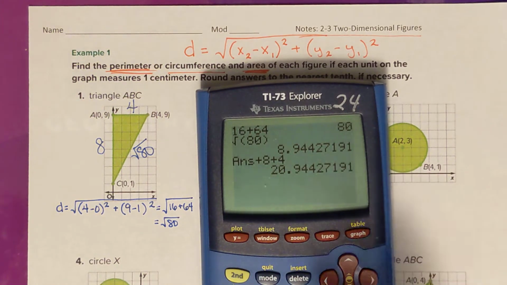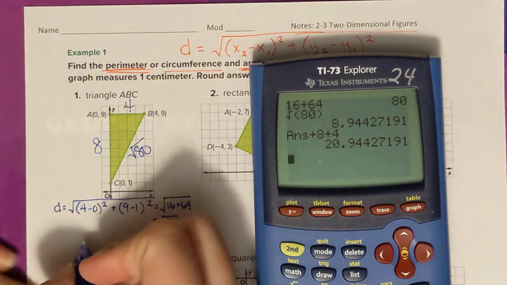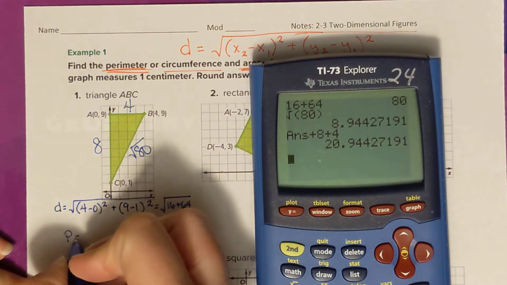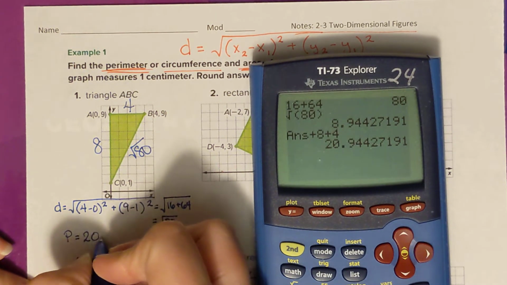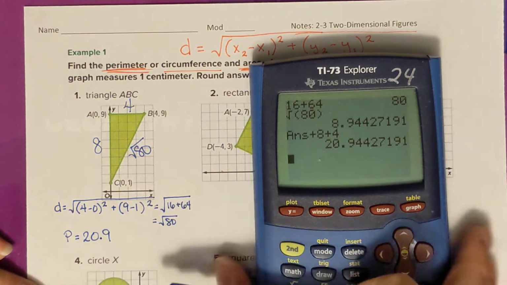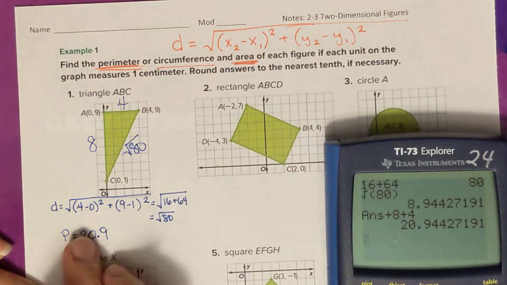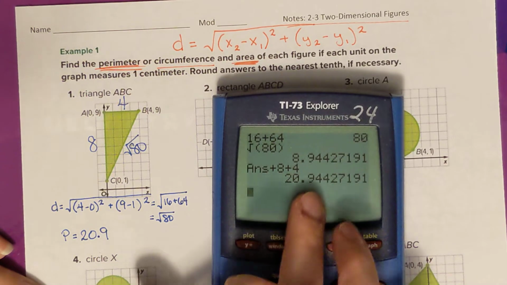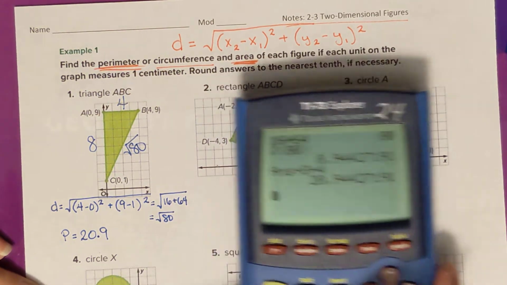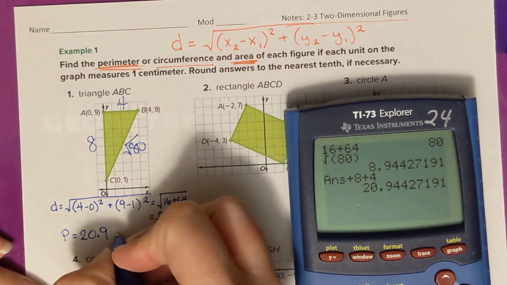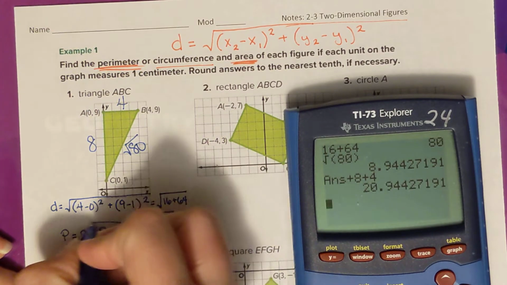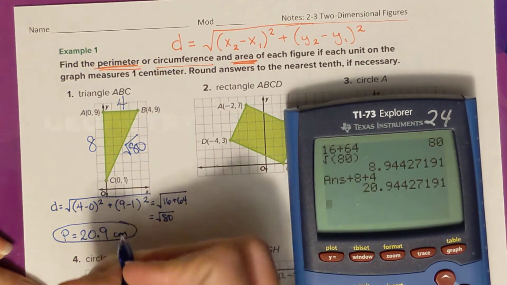That right there is going to be our perimeter. So I'm going to write that down. The perimeter equals 20.9. Okay, it says round to the nearest tenth. There's a tenth because 4 will not make a 9 go up. And this is measured in centimeters. There we go. There's perimeter.